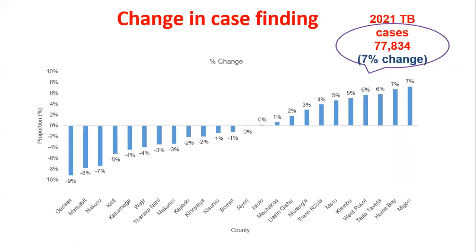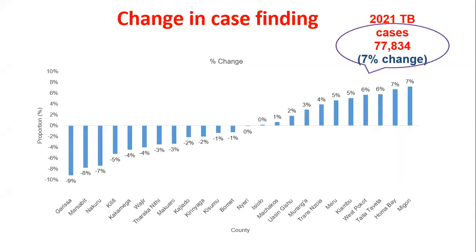While this one shows those counties that had posted an increase of up to 7%, or others that actually reduced. As you can see from the slide, Garissa posted a reduction in TB cases by about 9%, and Migori about 7% increase.